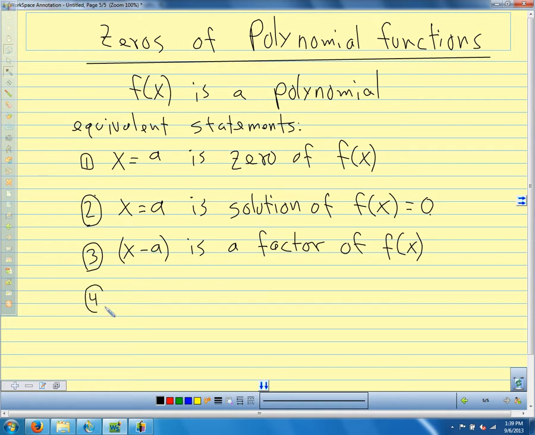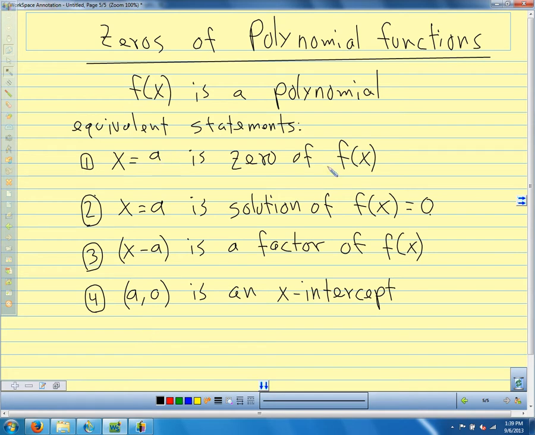And this also means the same thing as the point a, 0 is an x-intercept. And notice when we're talking about an intercept, we're talking about a point.